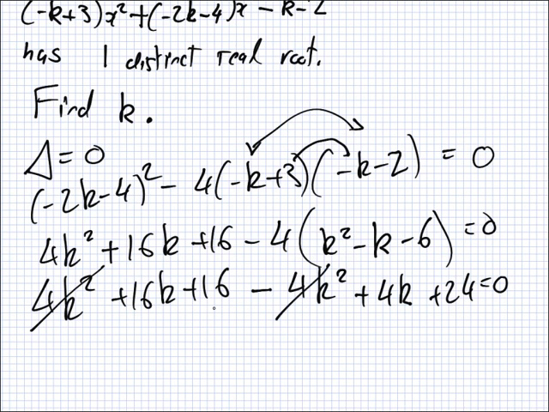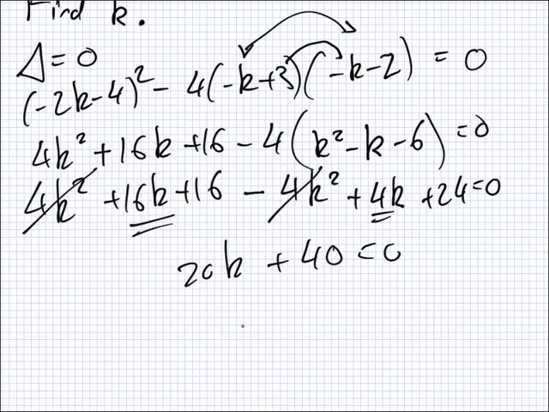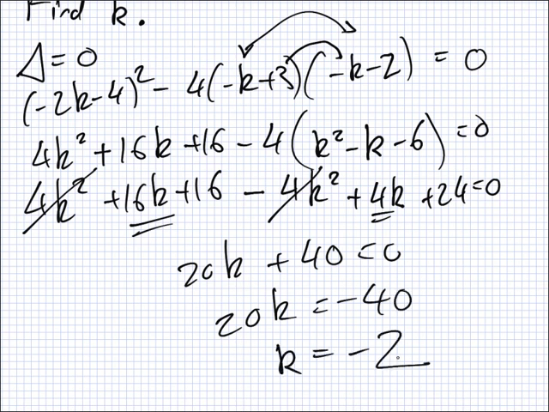Cancel, cancel. 20k, and then 16 plus 24, is it 40? And then 20k equals minus 40, so k equals minus 2. So k must have been minus 2.